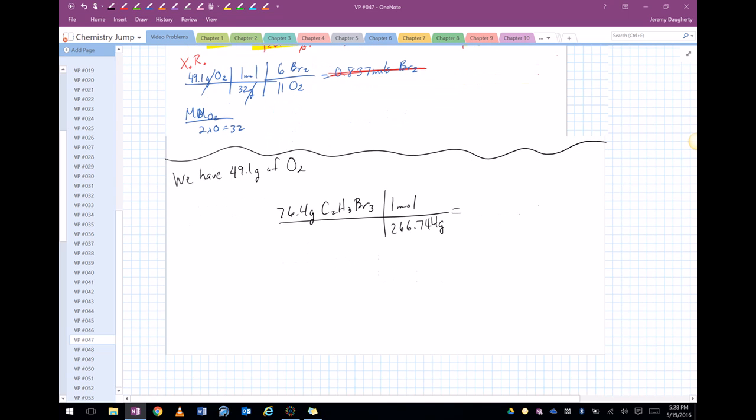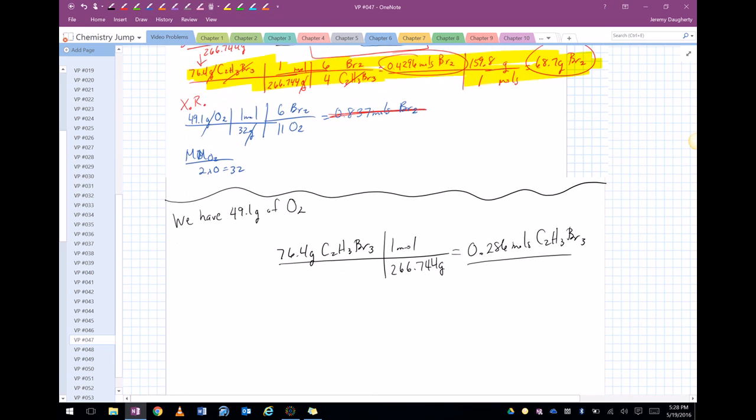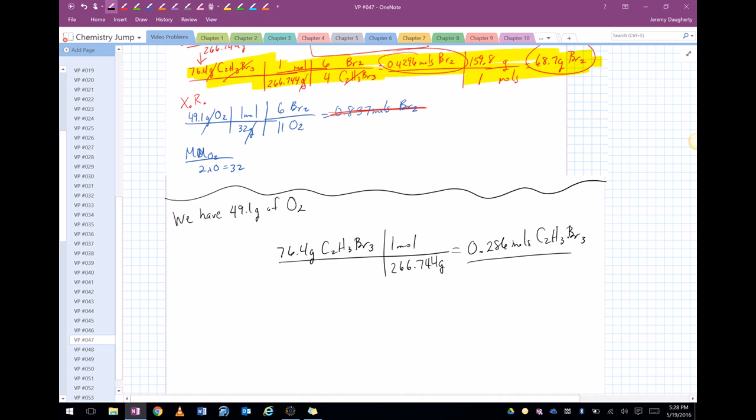So that tells me that I have 0.286 moles of C2H3Br3. Now, what I want to know is how many moles of oxygen do I need to react with all of this C2H3Br3?